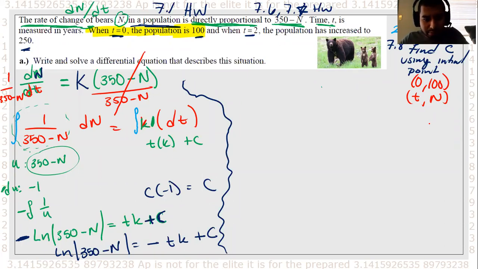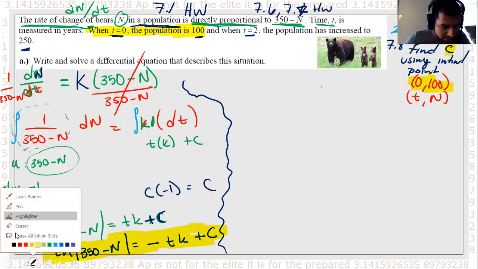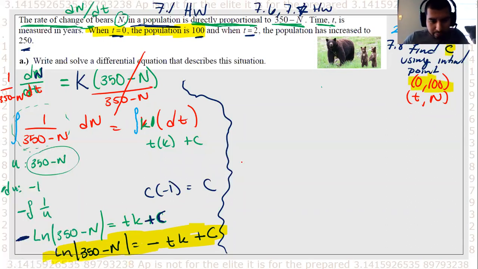Okay, so the equation that I have is this one. This is what I have so far, and this is what I'm going to use to find my c value, given this initial condition. So let's substitute what we know. It's going to be ln of 350 minus my n.